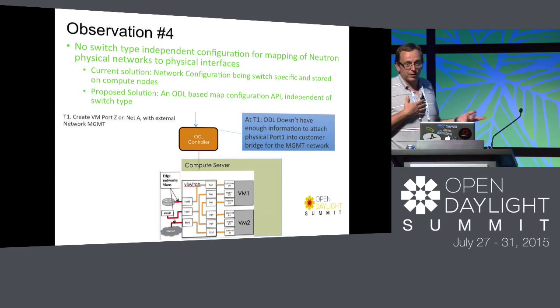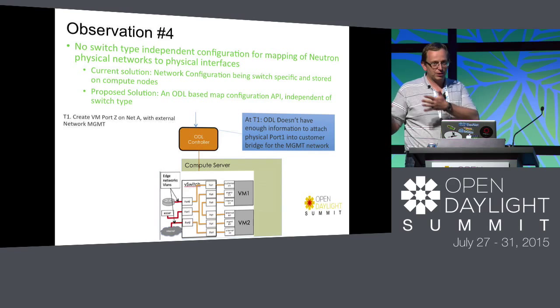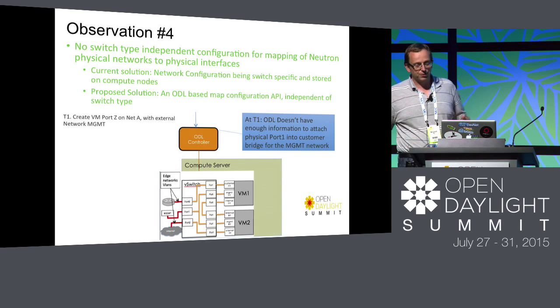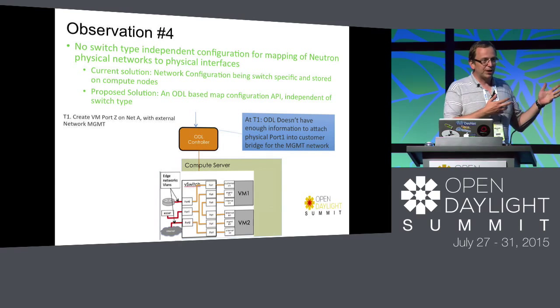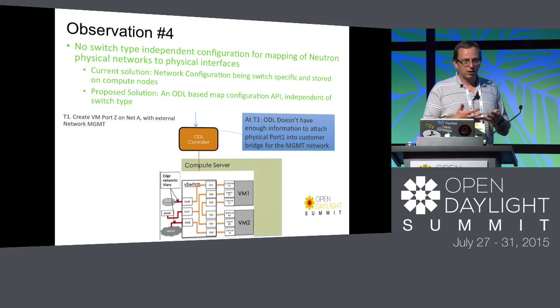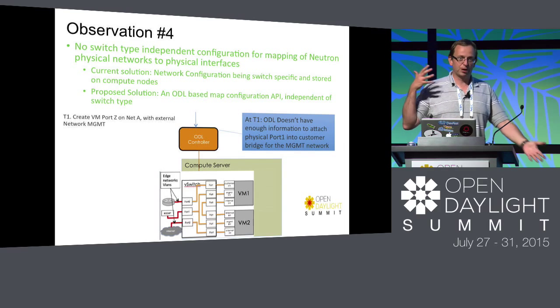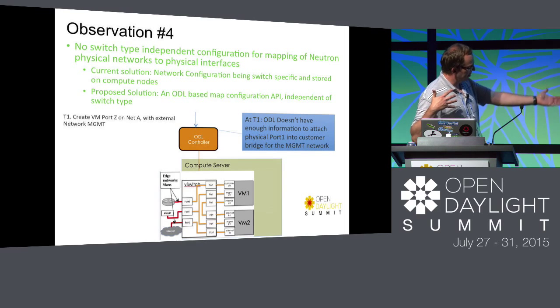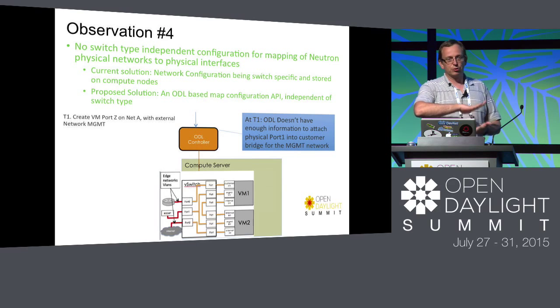So to us, it felt like the wrong place to have this information stored or configured on the compute nodes using some dinky scripts, as opposed to it being in OpenDaylight, where it lends itself to being visualized operationally in terms of the topology, because this is topological information. You can visualize the physical network. I mean, port 1 actually has neutron network management.